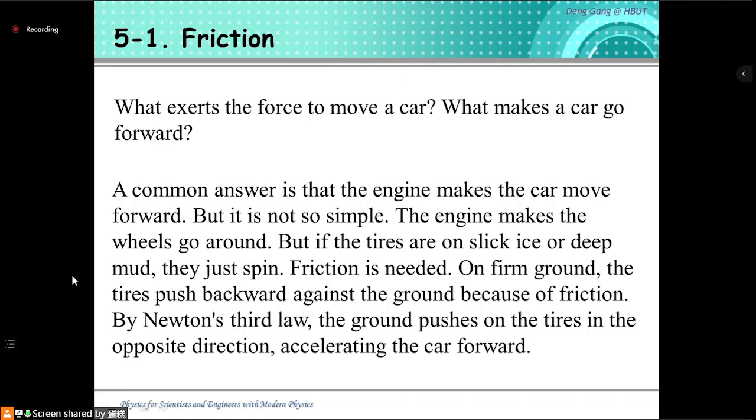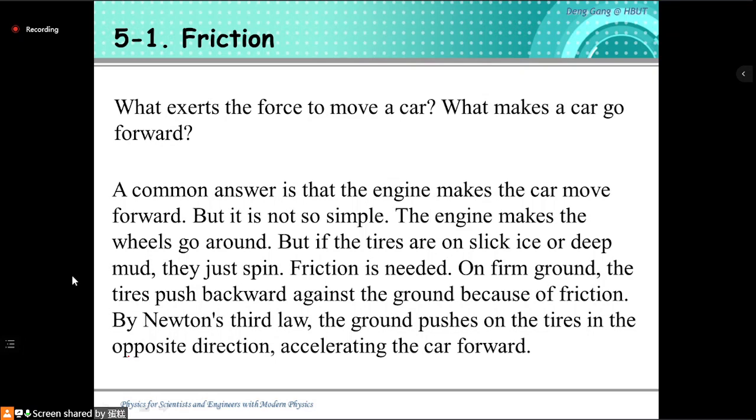Why? Because maybe you have this situation in the winter when you are driving on the ice. No matter how powerful your engine is, maybe you cannot move because it's so slippery, so smooth on the ice.